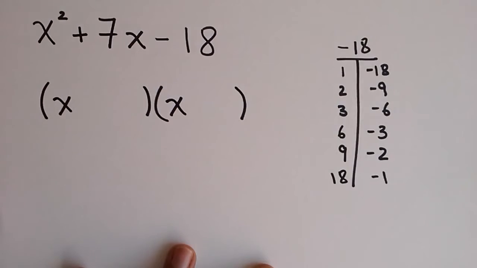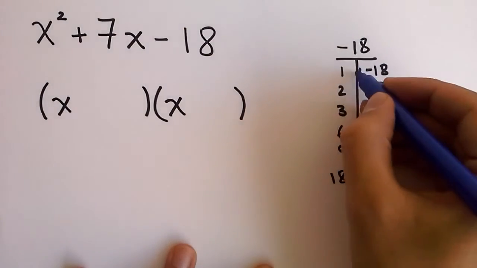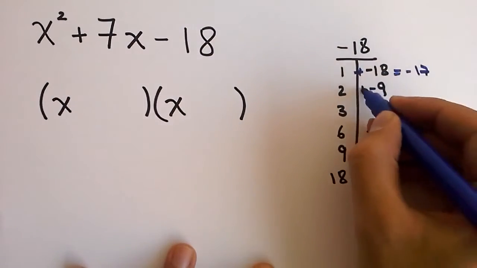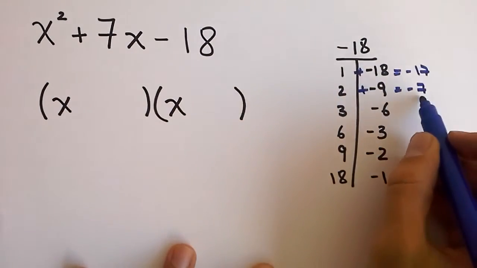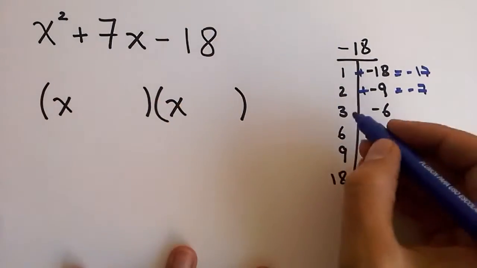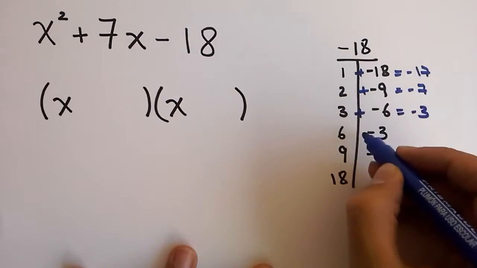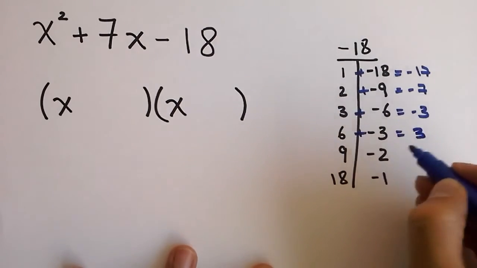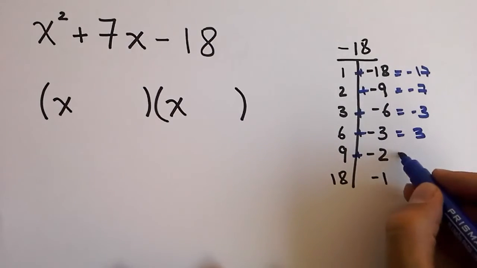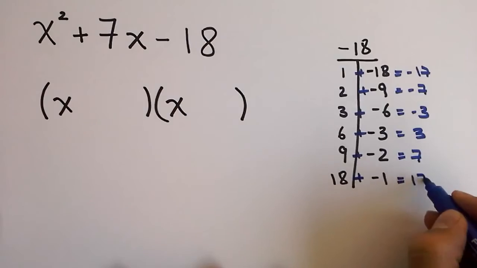To determine which of these 6 pairs you have to use, you use exactly the same test. You want to obtain a 7. So if you start adding, you obtain negative 17, negative 7, almost. Just that this guy is negative 7 and we want a positive 7, so it should continue. 3 minus 6 is negative 3, 6 minus 3 is positive 3, 9 plus negative 2 is 7, and 18 plus negative 1 is 17.